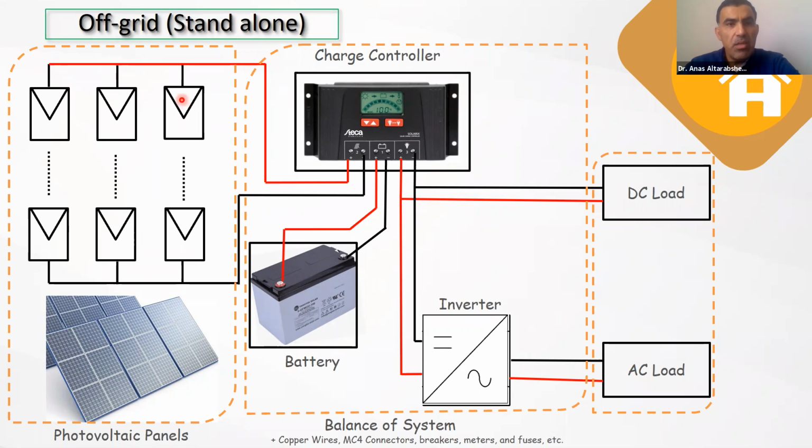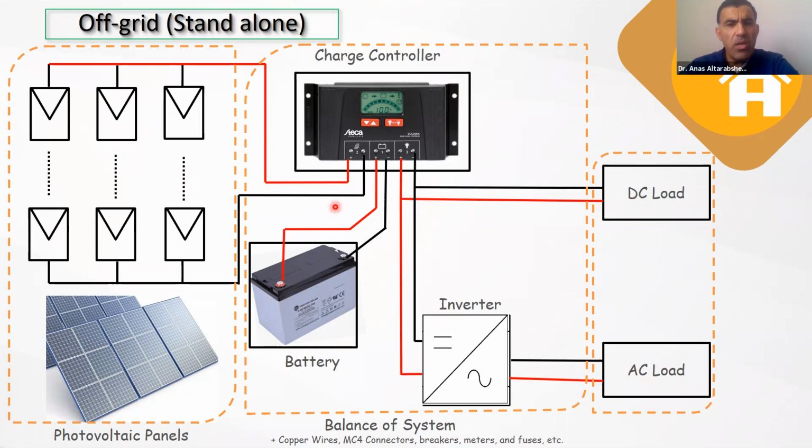Good. Then we have a charge controller to control the charging and discharging process of the battery. We have an inverter that converts the DC power from the PV system to AC, because here we have some loads that operate at AC and some loads that operate at DC. This is the main structure of the off-grid system.